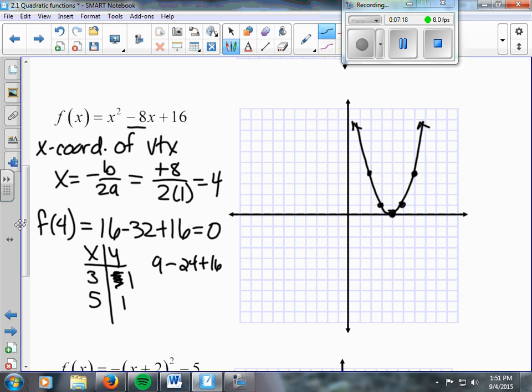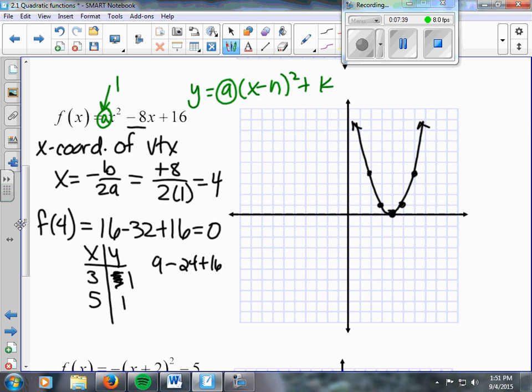Also, I'm going to give you a little trick here. Do you remember the standard form? I do recommend you memorize this equation. This A, by the way, is the same as this A, this 1 that's here. That A is always the same. And then H and K are the vertex.